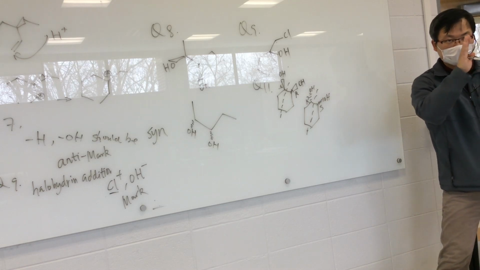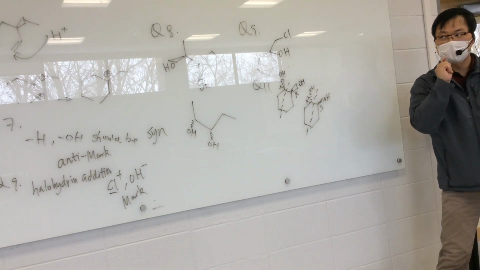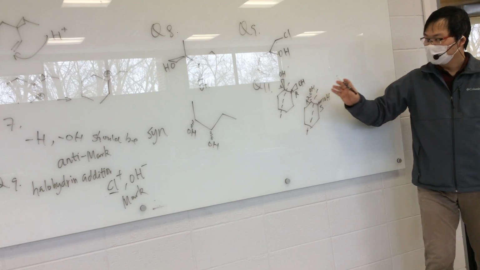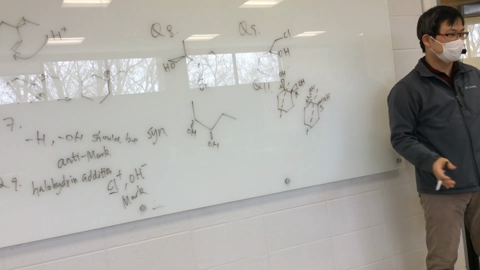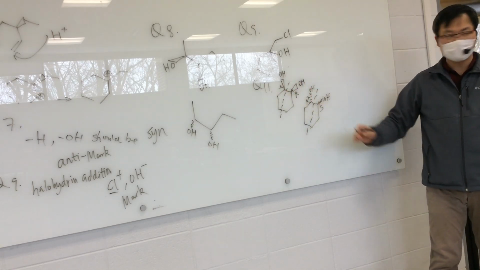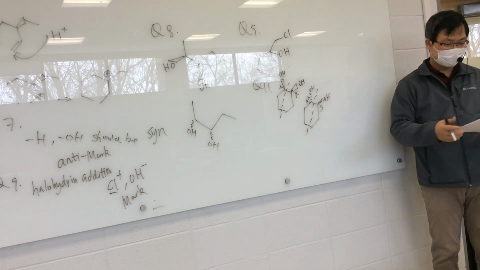You don't look at the drawing, you look at the real thing. The real thing, we can only determine this from the chirality. This is SR, this is RS. They're the same thing.